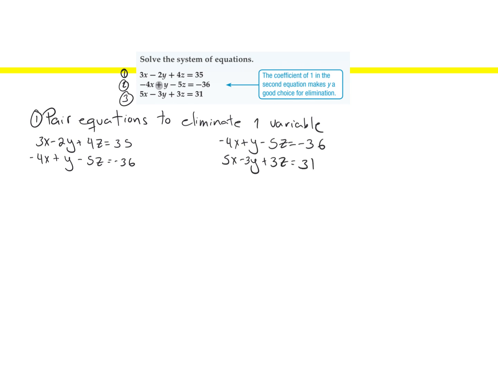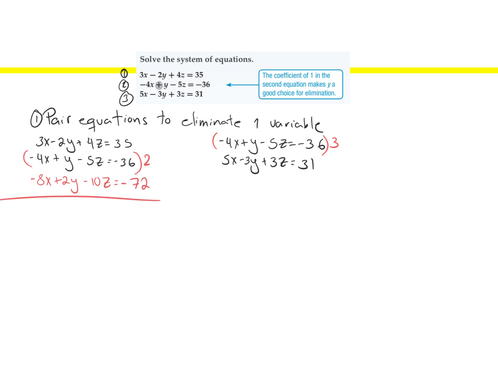So how do I manage to make this cancel out? Well, I'm going to have to multiply this one by 2, and I'm going to have to multiply this one by 3. So when I do that, this is going to become 8x plus 2y minus 10z equals, now 36 times 2 will be negative 72.